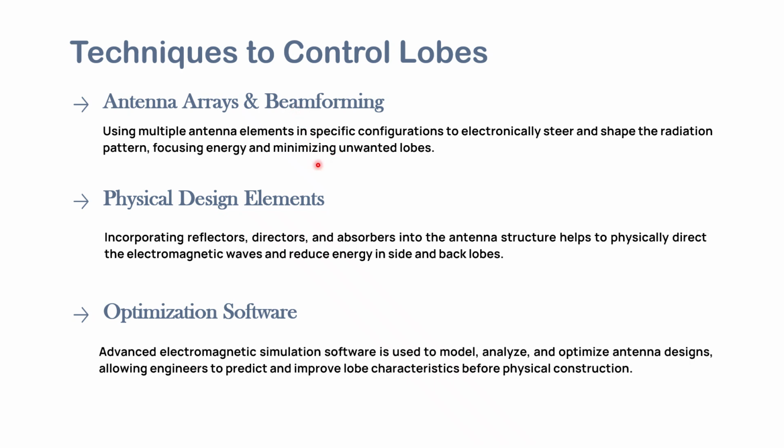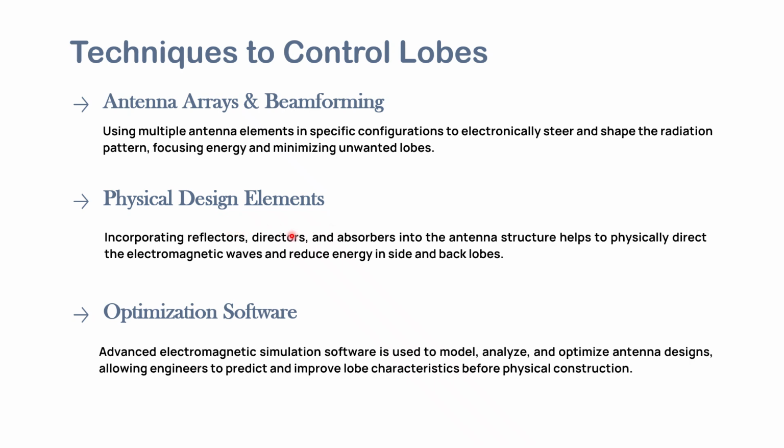And the second part is the physical design elements. You can add reflectors and directors along with a transmitting antenna. If my antenna, which is my radiating element, is going to transmit a signal, all the signal can be focused towards the feeding point by appending a reflector to the antenna.